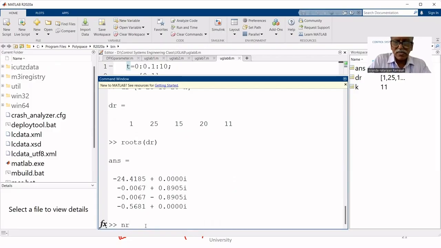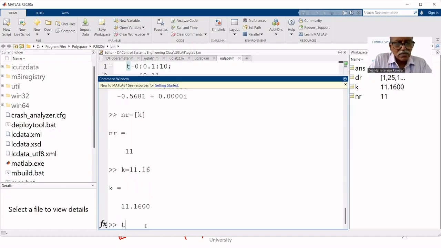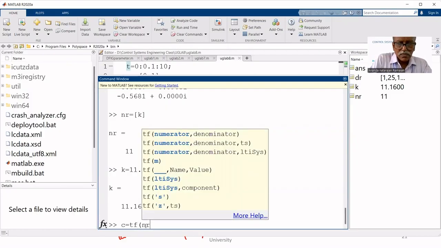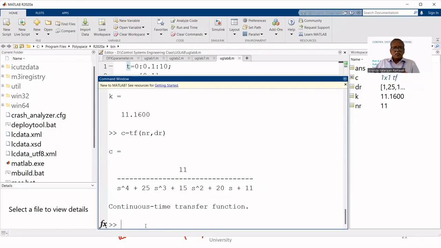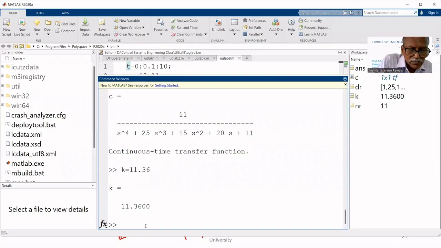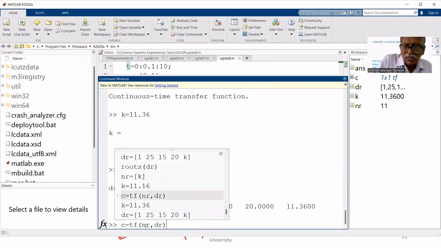Now let us check the simulation of what happens when k equal to 11.36. We have to find the transfer function.